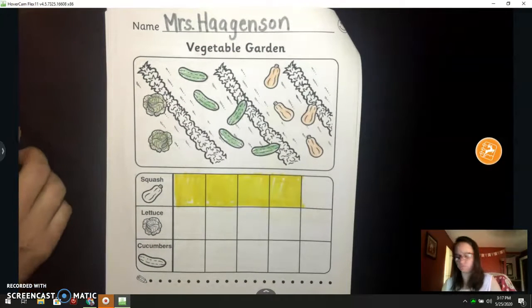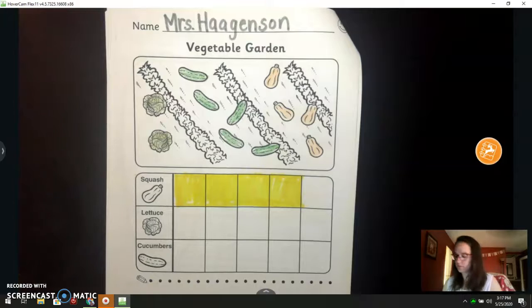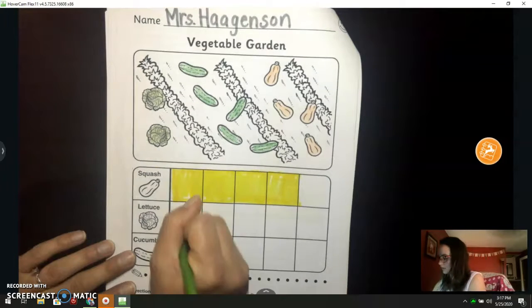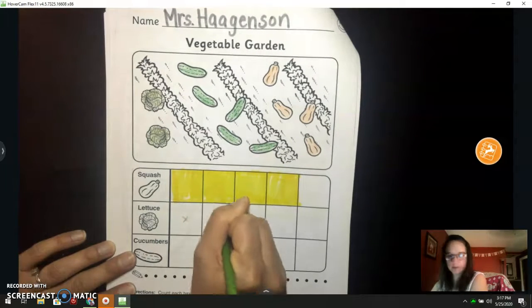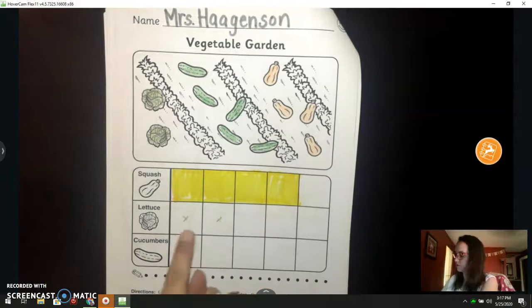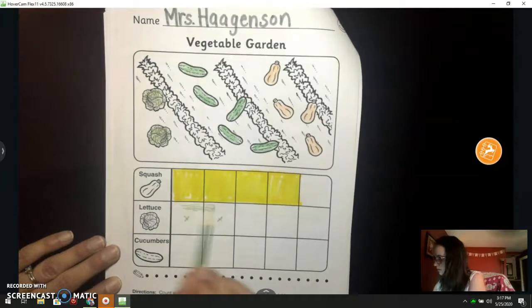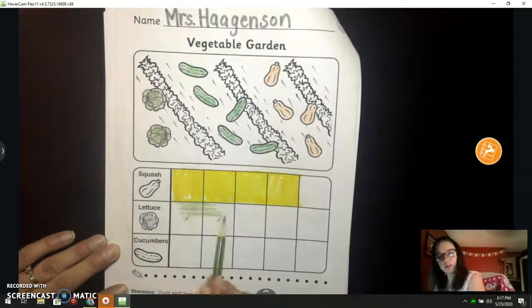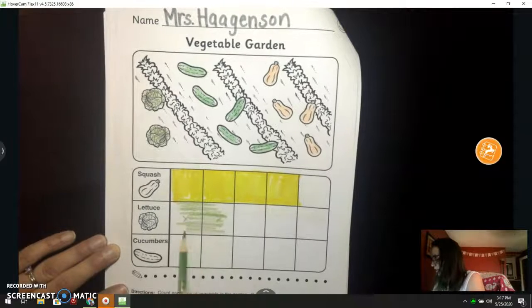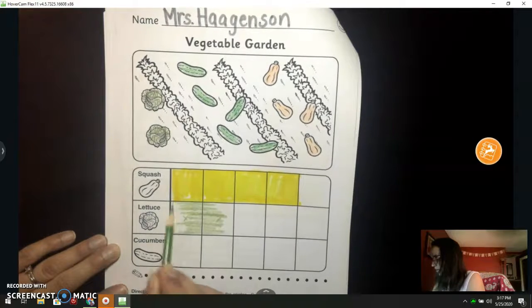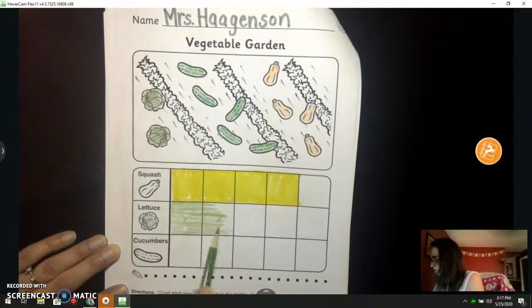Yes, 2. So I'm going to take my green that I used with lettuce and I'm going to make 2 X's so that I know those are the 2 squares I'm going to color. Can we see that one okay? Color your 2 squares for lettuce.